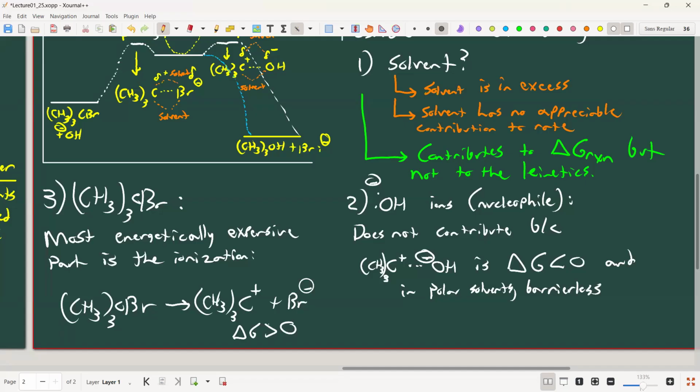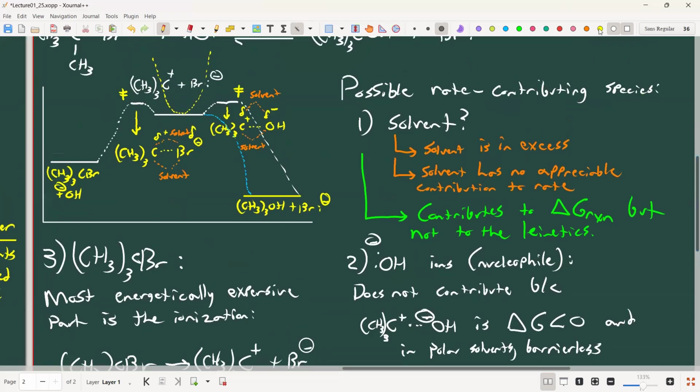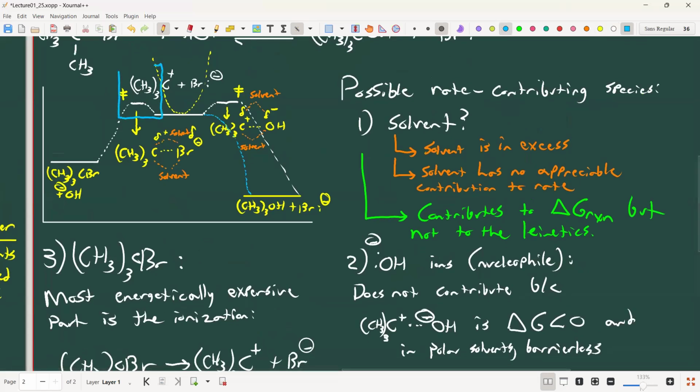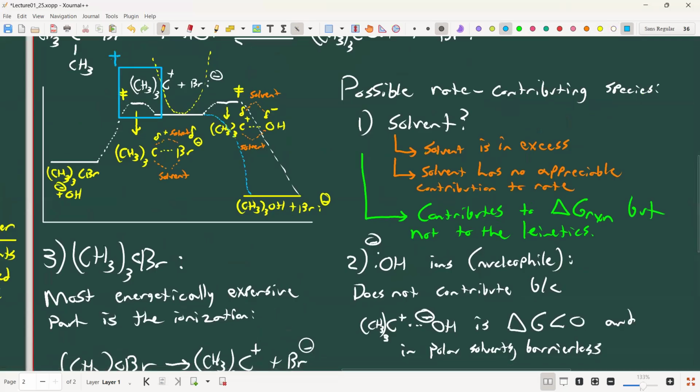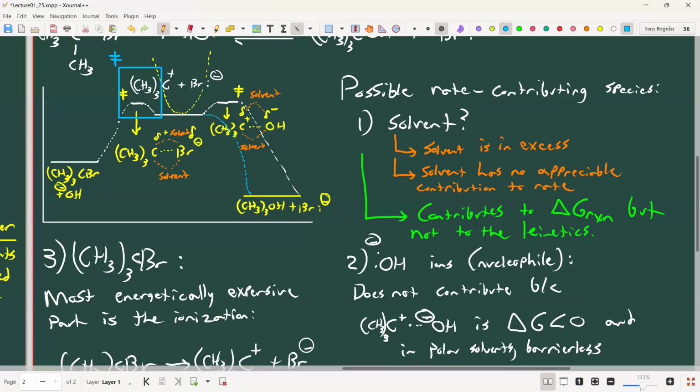The energetically costly part of this multi-step process is the breaking of that carbon-bromine bond into plus and minus. So this step right here, I'm going to do it in a big square here, this step right here in blue is the real transition state of the process. The transition state is not where this OH comes in and attacks this carbon like it is in SN2.